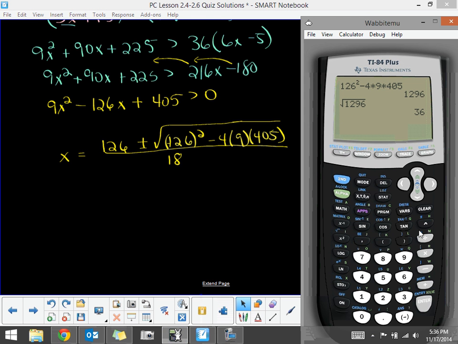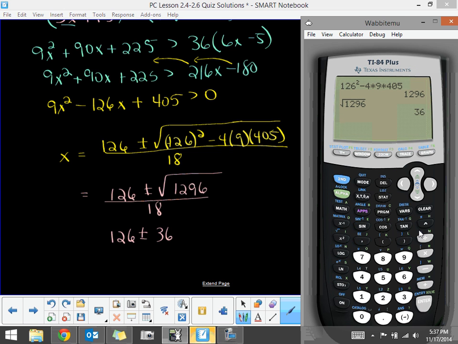I took the 126 squared minus 4 times 9 times 405, and I got a positive 1,296, so it's 126 plus or minus the square root of 1,296, all over 18. And I went ahead and took the square root of 1,296, and lo and behold, that thing was a perfect square. So at least they were kind enough to give us a perfect square on that one.